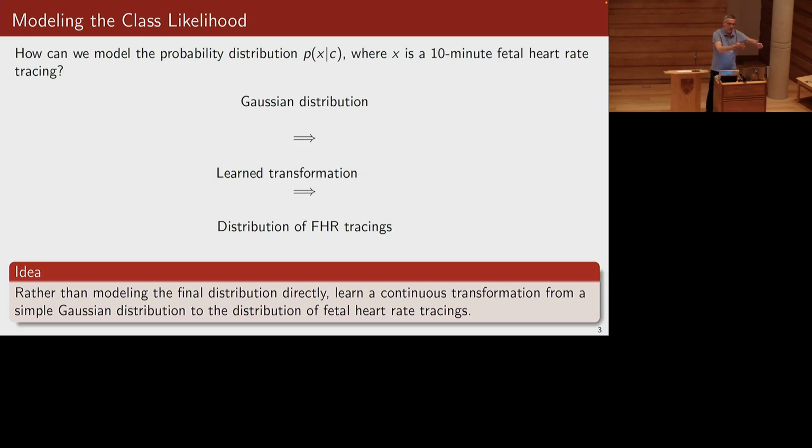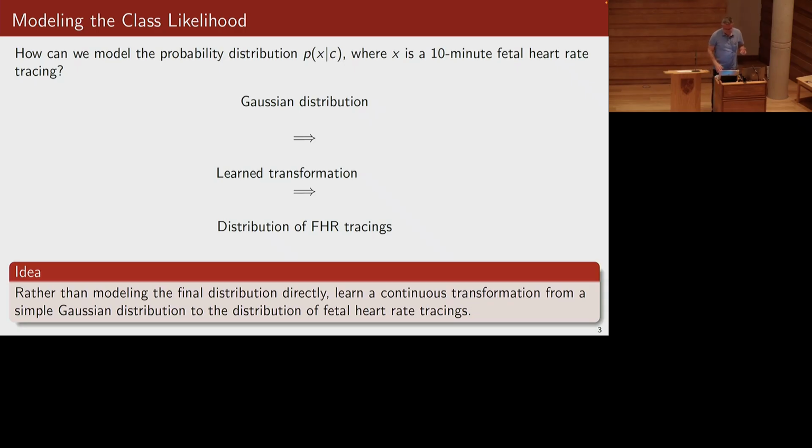We want to now move this distribution slowly from white noise to our CTG signal. We do it slowly, and for this, we use a neural network. We start with a Gaussian distribution, and the way the method works is it has to learn the transformation, how to transform this white noise into something that represents a CTG signal.